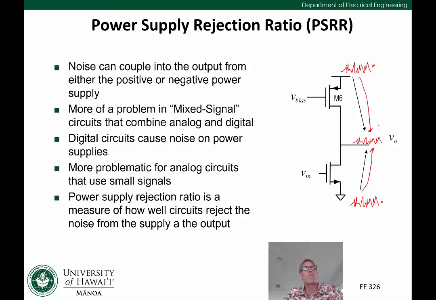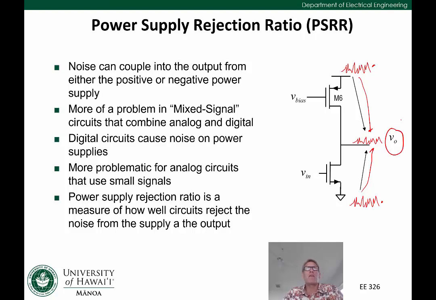The reason this is more of a problem is that digital circuits, which have large switching behavior between VDD and ground, cause large spikes or noise in the power supplies because they either consume a lot of power or dump a lot of current into the negative supply. So if you have an analog circuit that relies on small signals and the supply is jumping around all over the place, it's important that this noise doesn't couple in too much to your output.